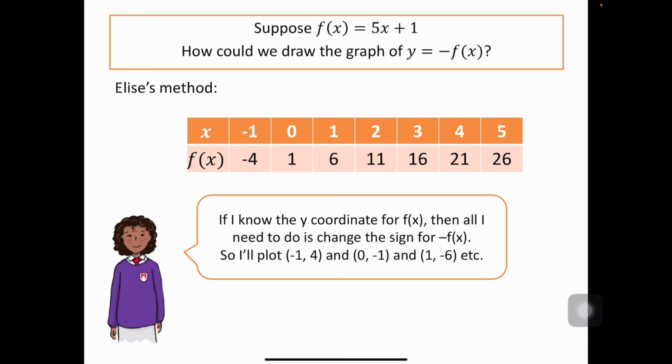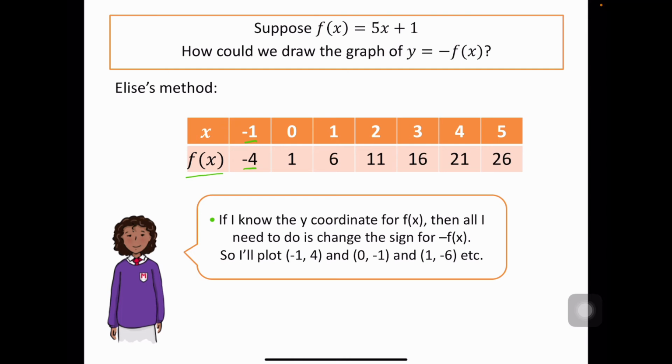So Elise's method is to work out all the f of x values. So just by doing 5 multiplied by x plus 1, we work out the corresponding f of x values. Then she says that if I know the y coordinate for f of x, then all I need to do is change the sign for negative f of x.